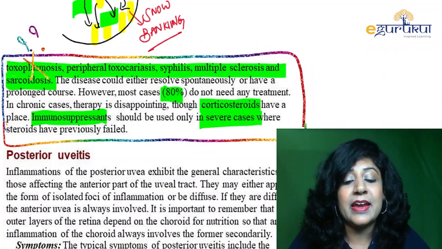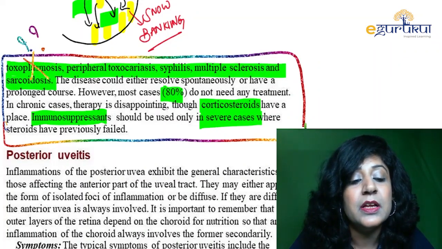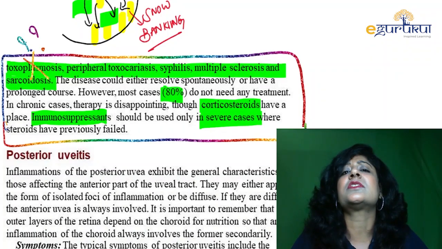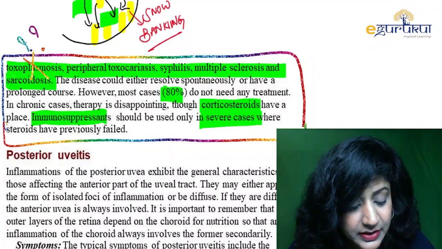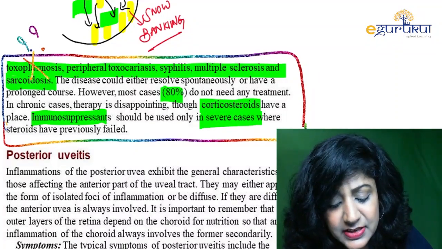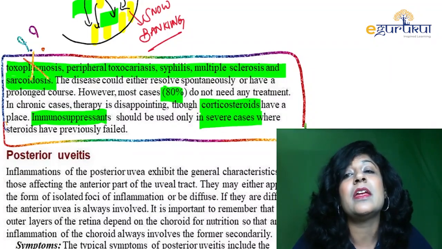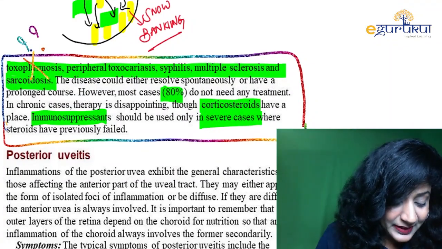Sarcoidosis is absolutely right here. In sarcoidosis we have granulomatous panuveitis, but snow banking and snowball opacities, which are signs of intermediate uveitis, are quite important there. So I think sarcoidosis is a good one, and we have peripheral toxocariasis, syphilis, multiple sclerosis. These are all the DDs of your snow banking, but toxoplasmosis is a little, okay.